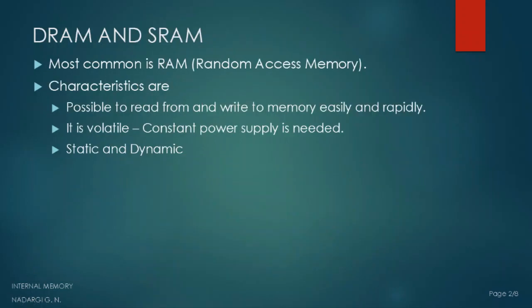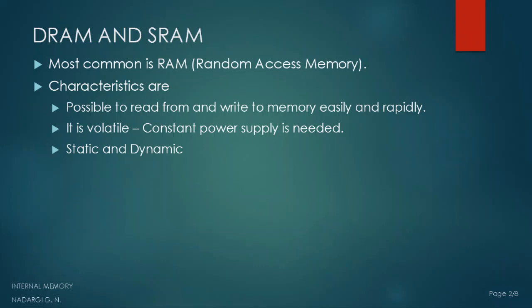Now when we go for main memory, the main memory is categorized into different memory types, and the most famous one is RAM, which is also called random access memory. It has particular characteristics.